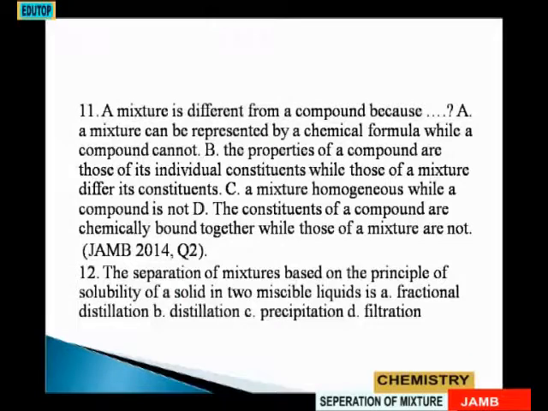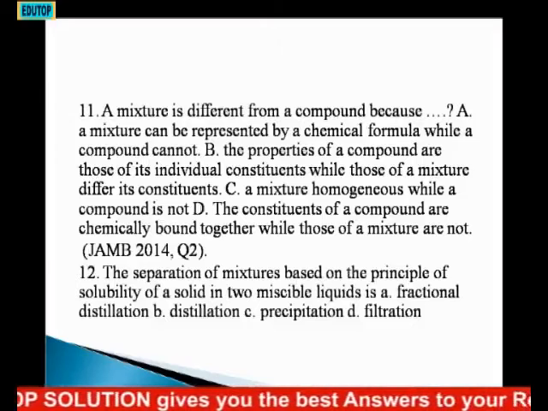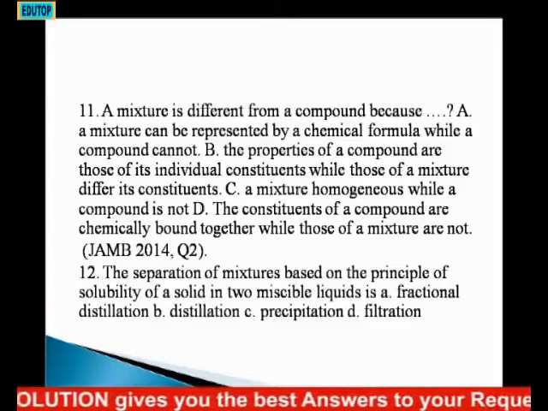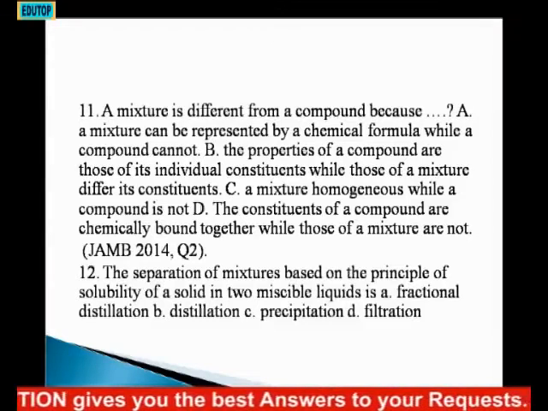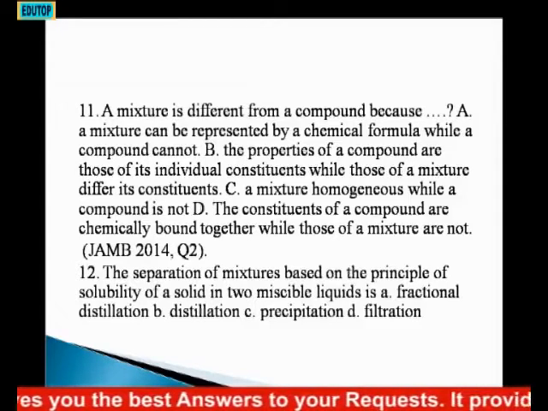Question number 11. A mixture is different from a compound in that the properties of a compound are those of its individual constituents. No, the properties of a compound differ from those of its individual constituents.